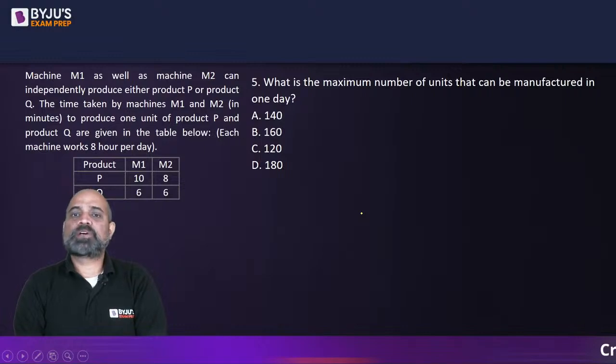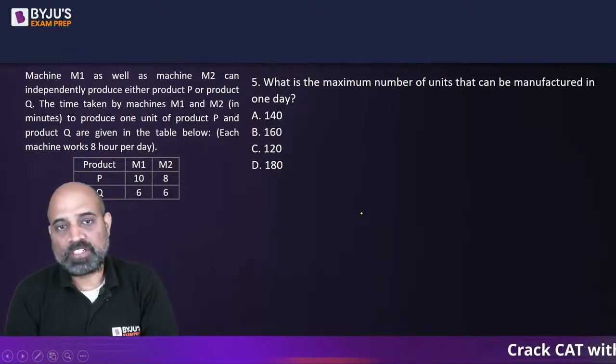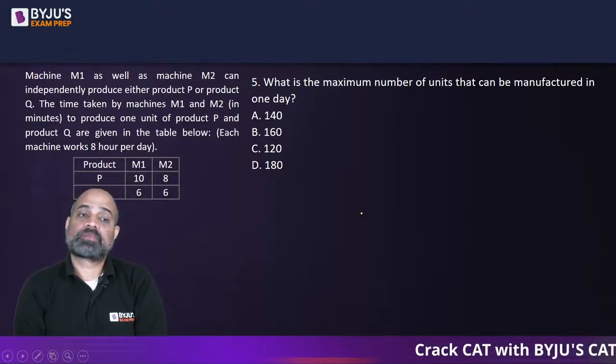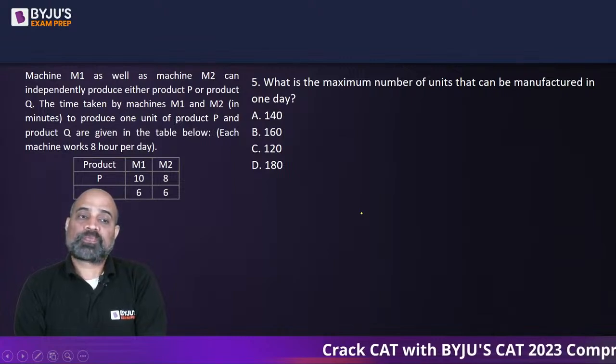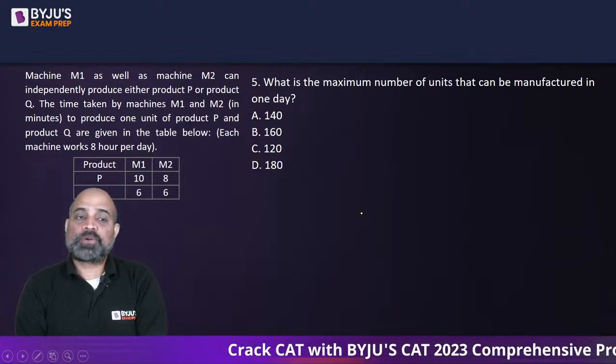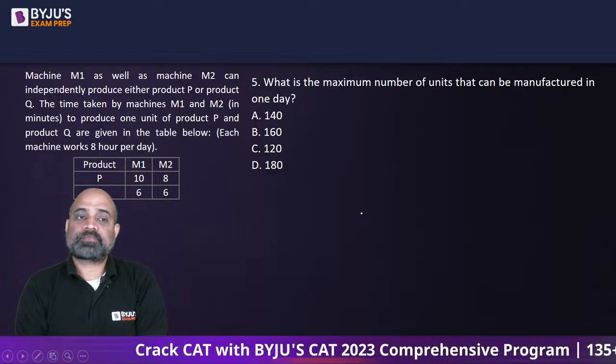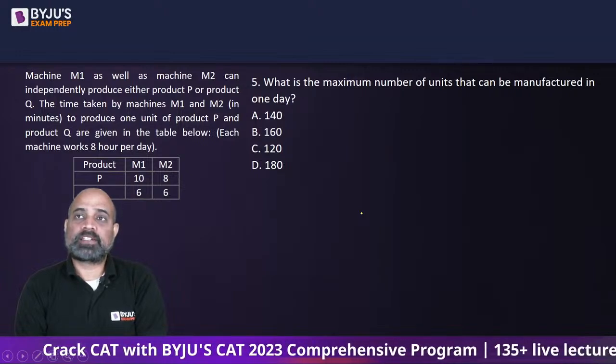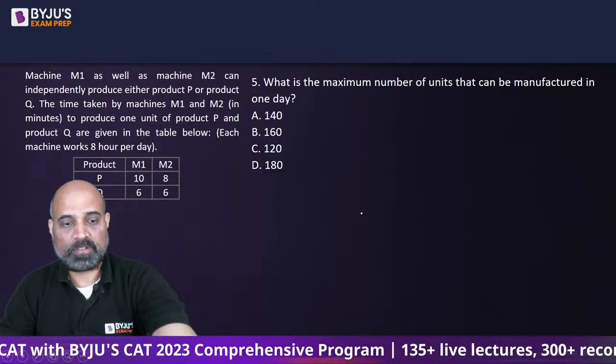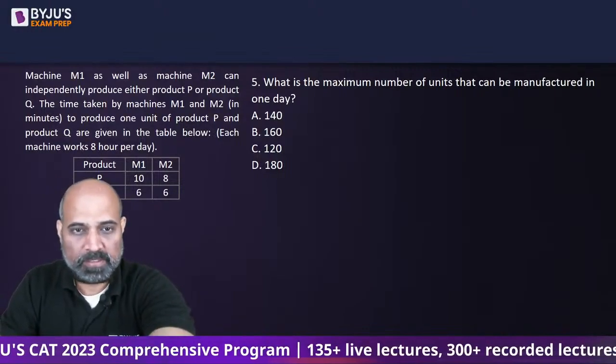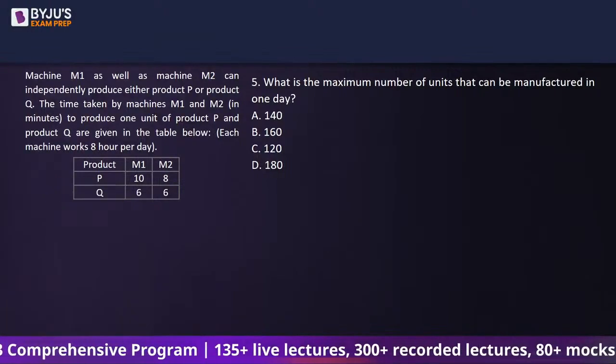What is the maximum number of units that can be manufactured in one day? So if we look at the duration, पर आपको दिख रहा है ये वाला टेबल? नहीं दिख रहा है. Okay.